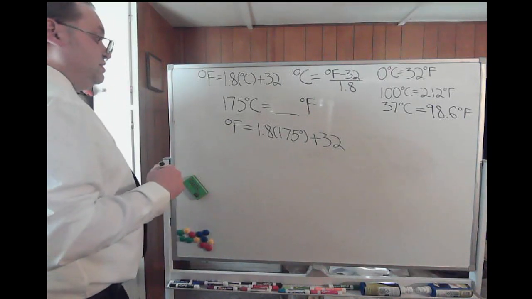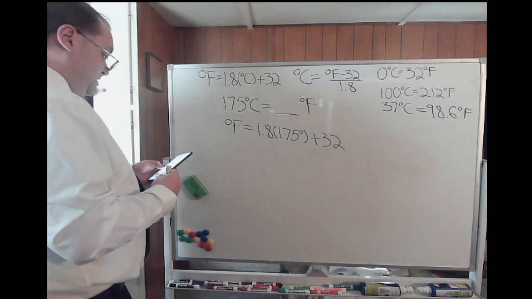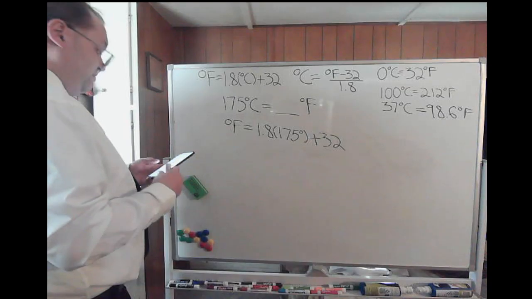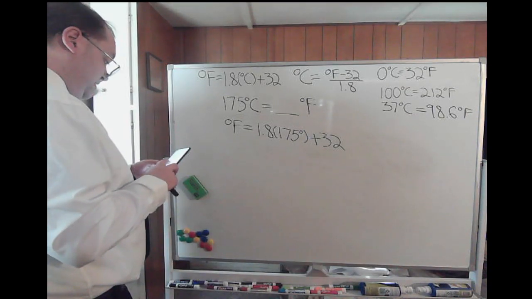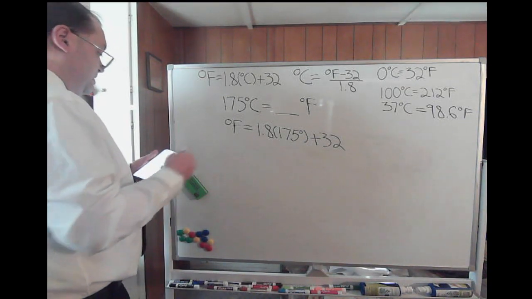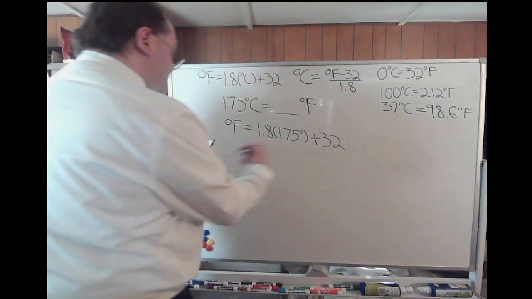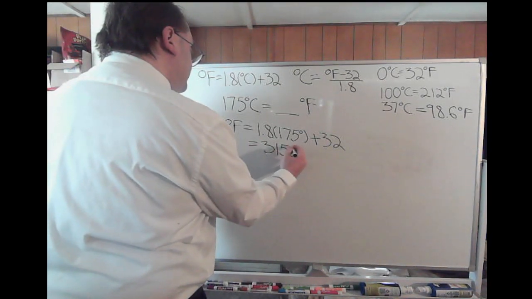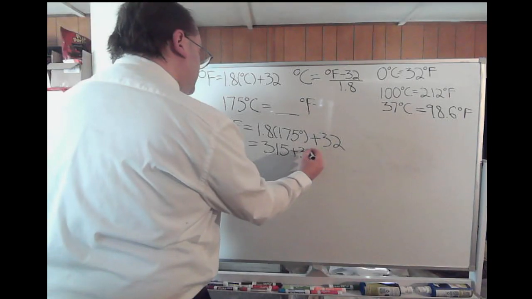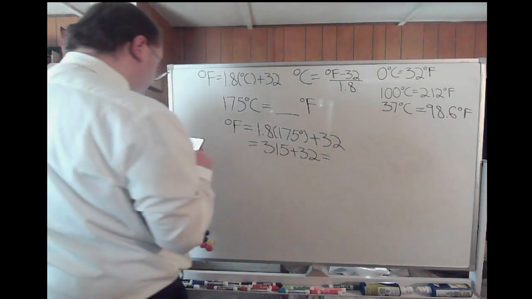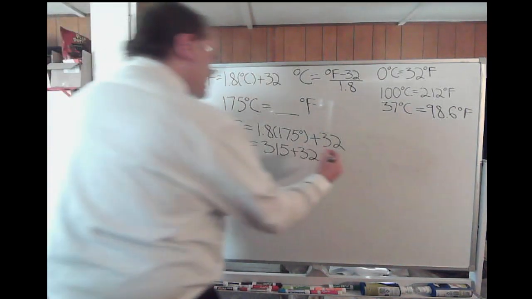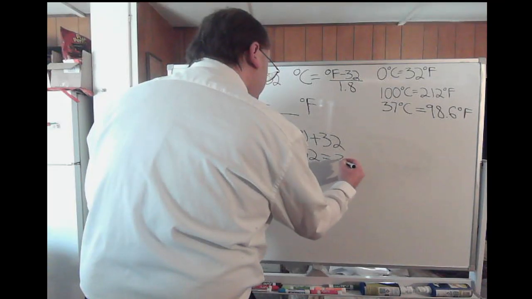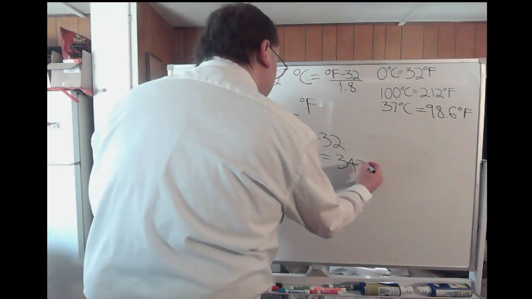So now, let's do 1.8 times 175. That's 315. So we have 315 plus 32, which would be equal to 347 degrees Fahrenheit.